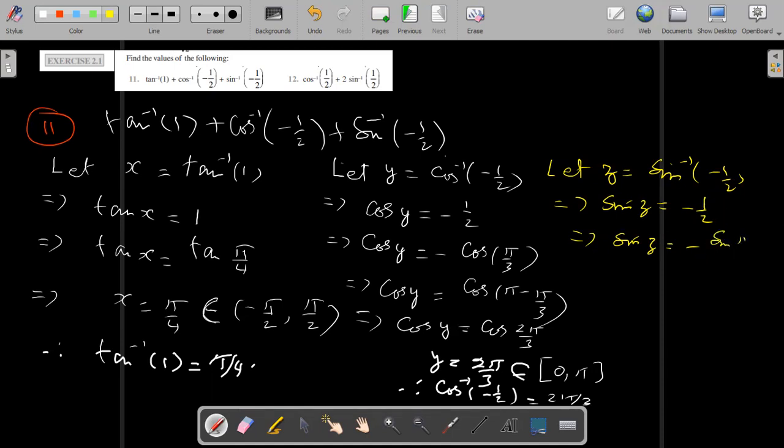In sine we can take the negative sign inside, minus pi by 6, which gives us that z is equal to minus pi by 6, and which belongs to minus pi by 2 to pi by 2, the principal value branch of sine inverse.